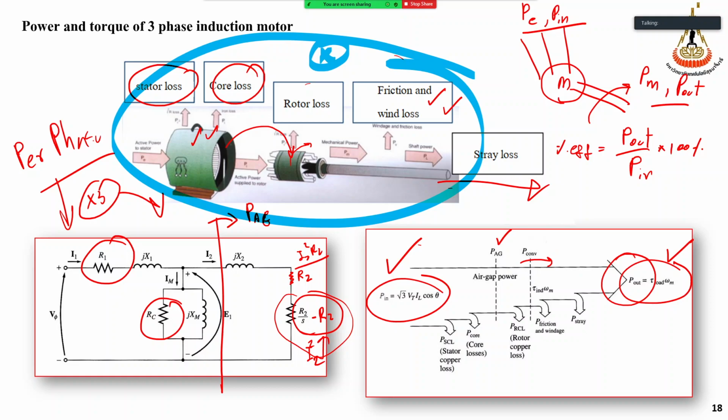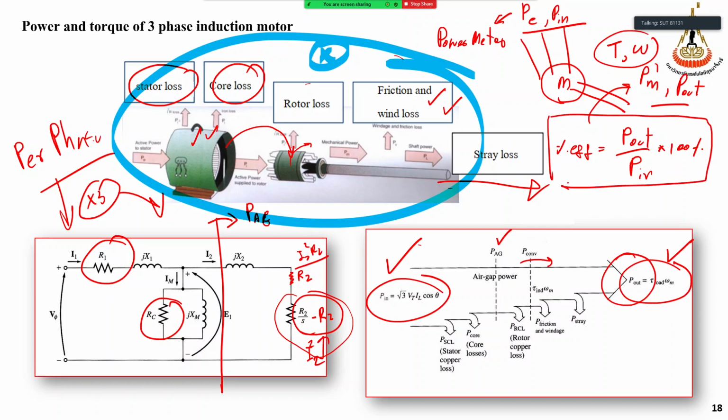Okay, but in practice we can measure this with a power meter, right? With the power meter we can measure the input, and in this part we can measure the torque and speed. Then we get the power out. Then we can know how much the efficiency of the motor is, or we know the total loss.